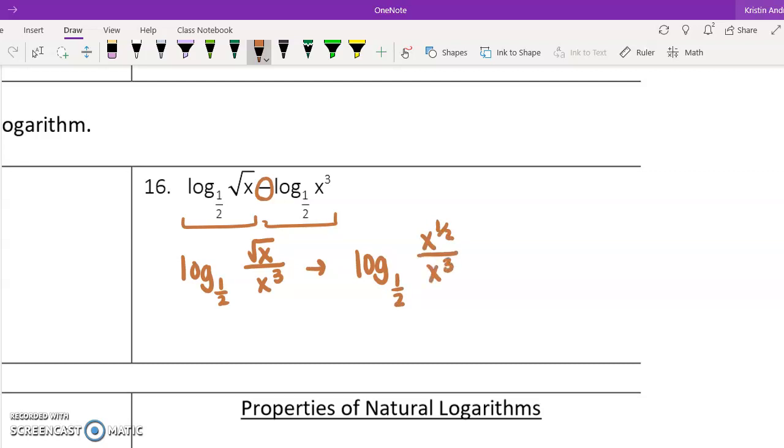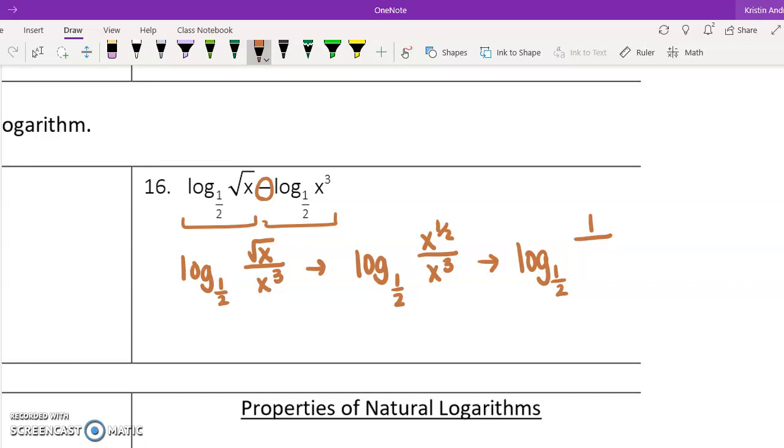over x cubed. Do you remember what we can do with those exponents when the bases are the same and they're over each other? We could just subtract those. So that would be 1 over, and I'm going to subtract them, and I'm going to put the fractional answer wherever the larger of the 2 is.